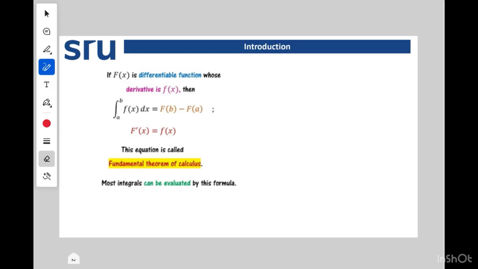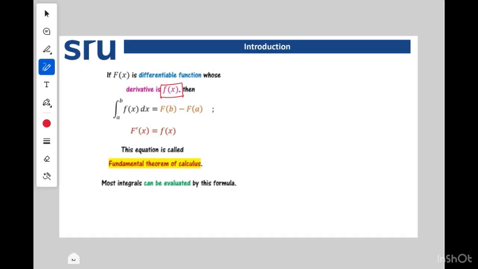We all know that if F(x) is a differentiable function whose derivative is small f(x), then we can simply integrate this function f(x).